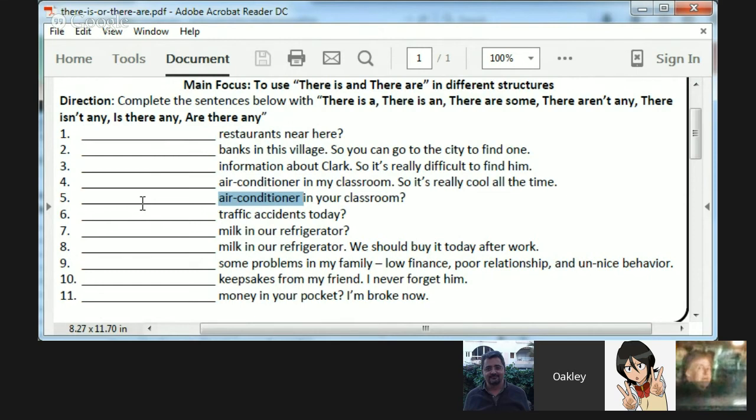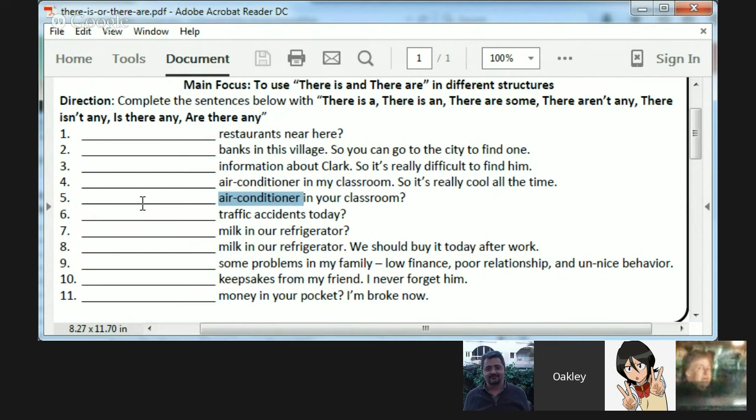Or if I wanted to ask about one, Vicente, is there an air conditioner in your classroom? If I want to ask about two, no, air conditioners are countable. You can have two air conditioners in one room, in a big room. How would I ask air conditioners, plural?